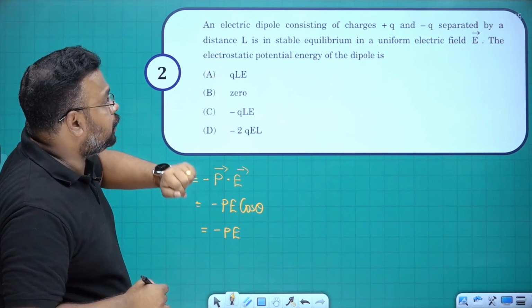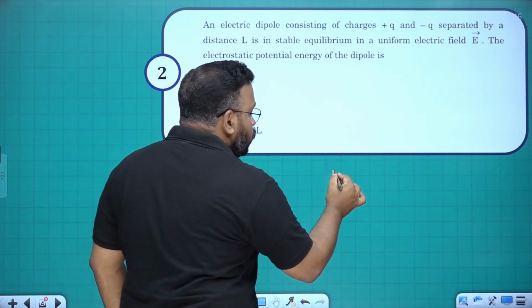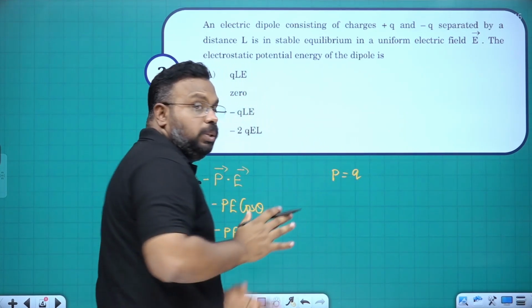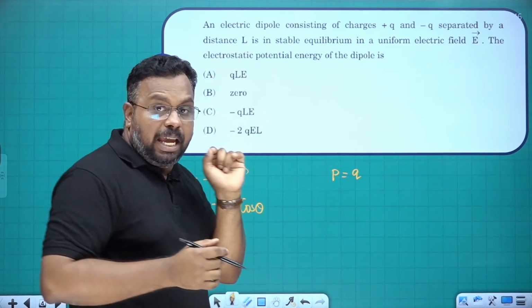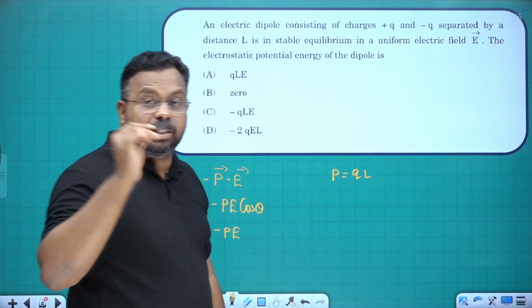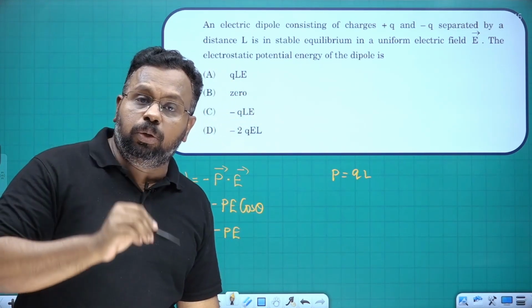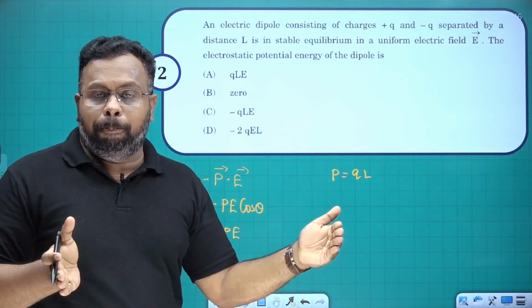But it is in terms of charge and distance. What is P? Dipole moment P is equal to the product of charge into the distance of separation. Distance of separation is given as L. So we get Q into L. There is a chance of making a mistake by taking Q into 2L. You can take Q into 2L if the distance of separation is 2L.